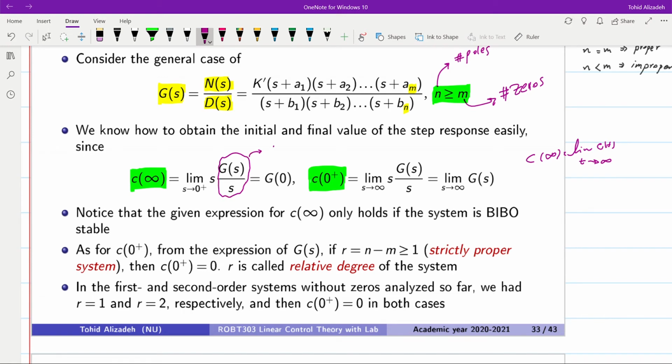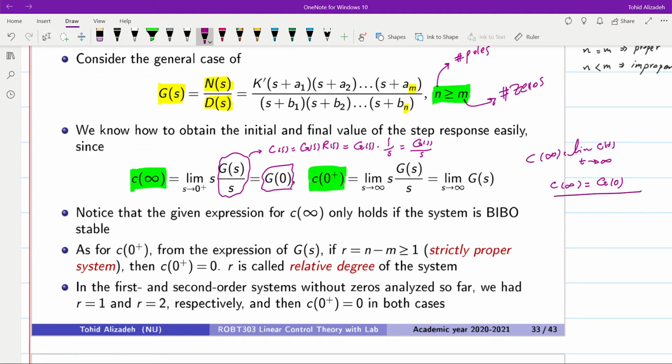This is indeed C of s, as C is equal to G times R, and since we are considering the step response of the system, it's equal to G times 1 over s. So we have G over s equal to C of s as s goes towards 0 plus. Then s at the numerator and the denominator will be cancelled out, and we will get G at 0. So c at infinity will be equal to G at 0.